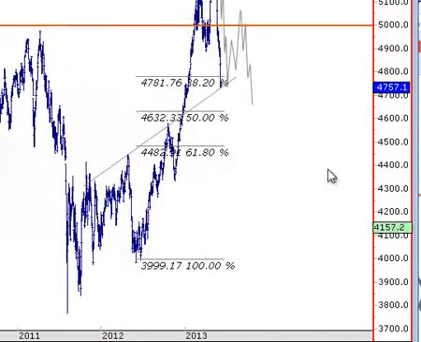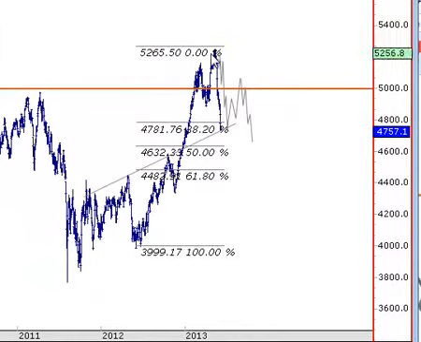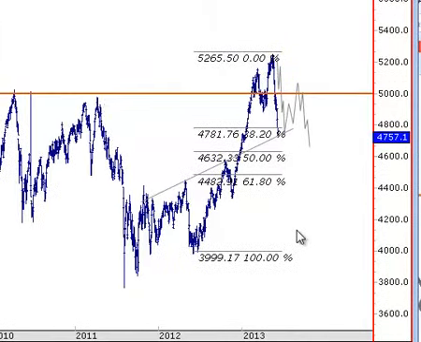There's still one more possibility. If that is the top there, then the way that counts in is that this move down through here would be counted as wave 1, wave 2, wave 3.